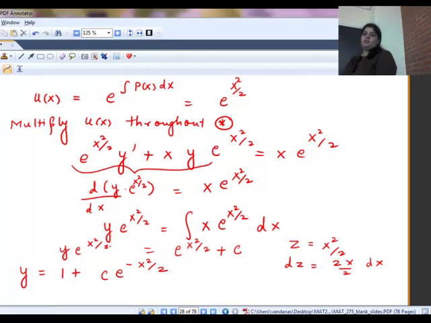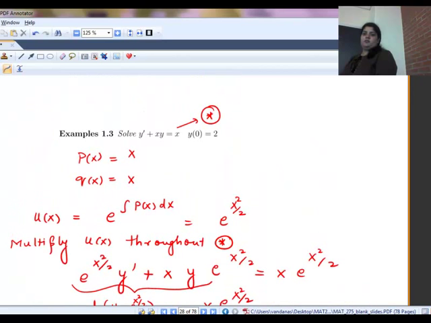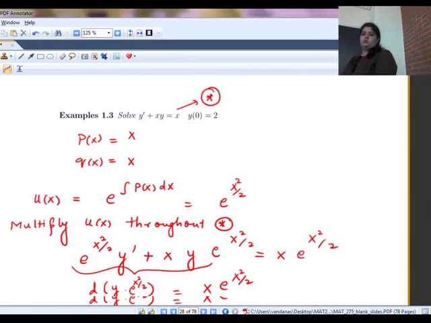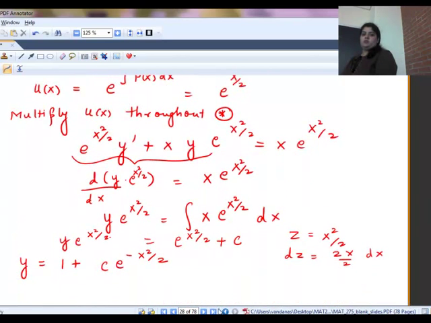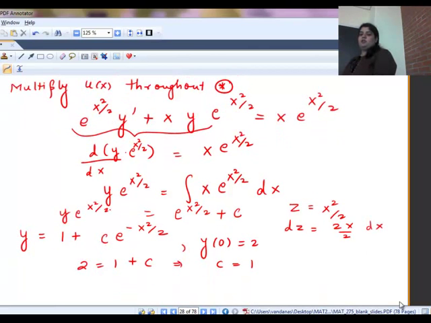But what is the initial condition? y at 0 is 2. So that means 2 equals 1 plus c, which will imply c equals 1. So the unique solution of this differential equation is 1 plus e to the power minus x square over 2.